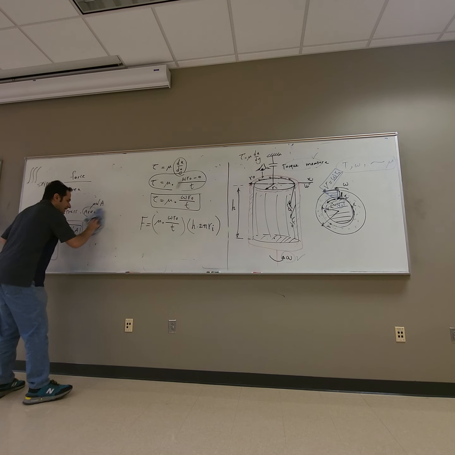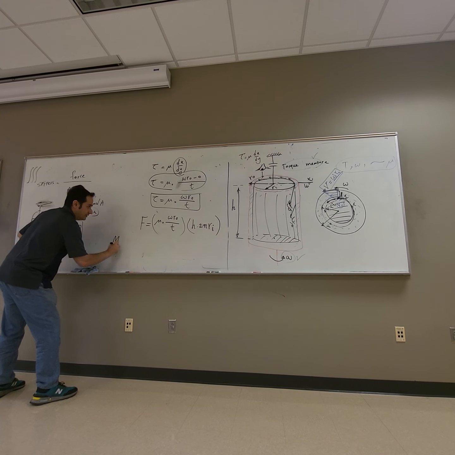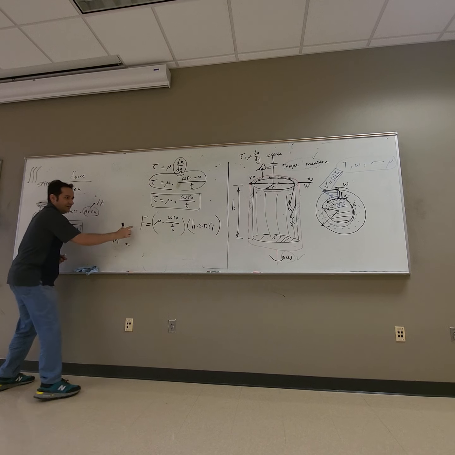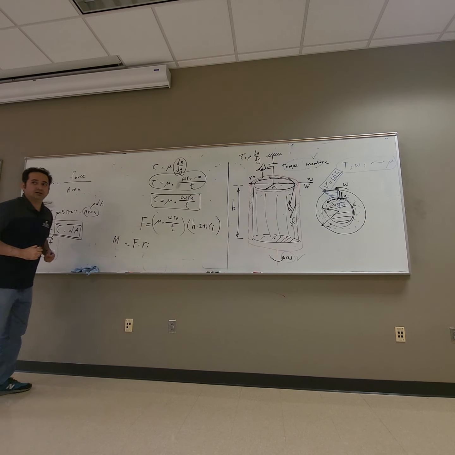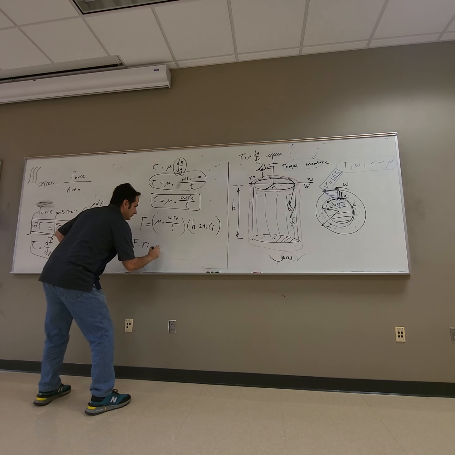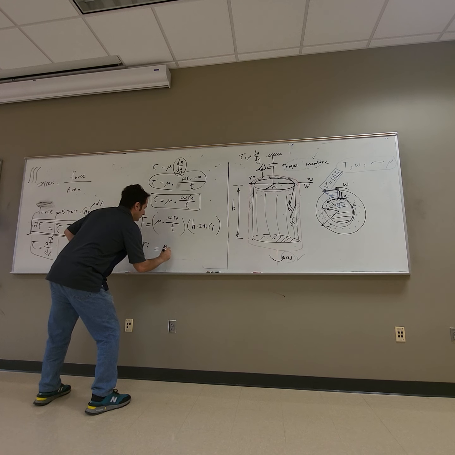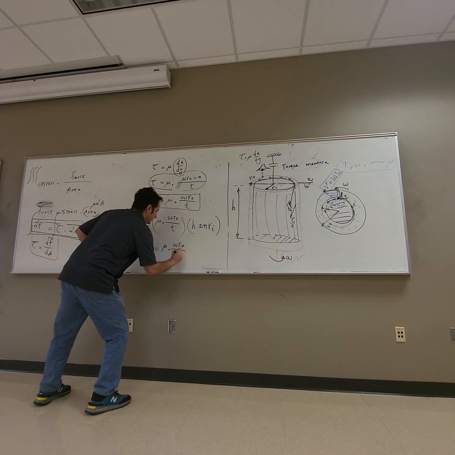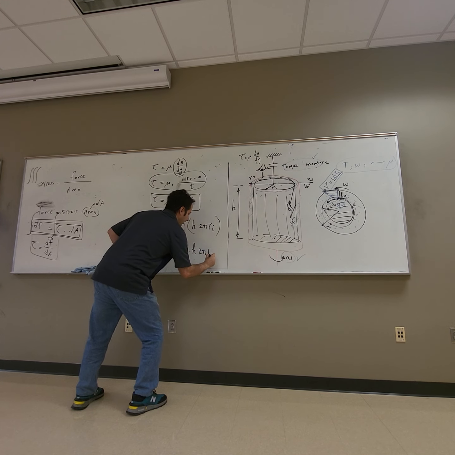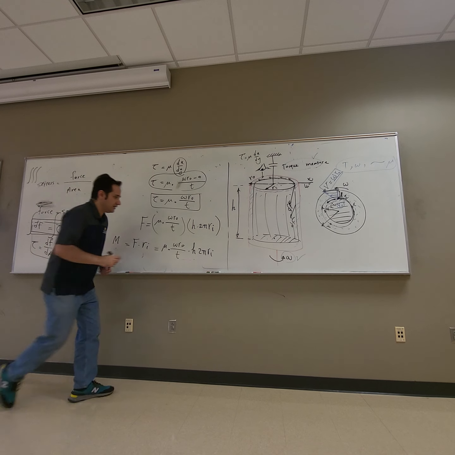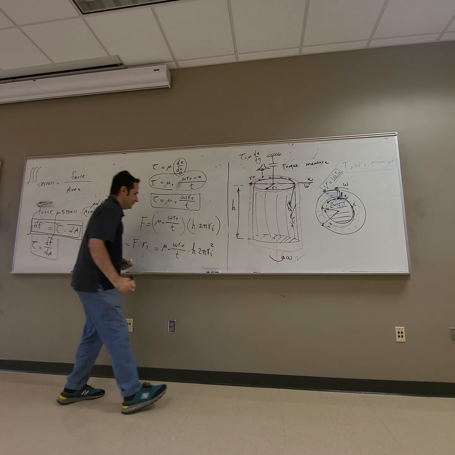required to keep the inner cylinder at a constant position. M is equal to this F multiplied by Ri, which is equal to mu 0 omega Ro divided by T times H 2 pi Ri, and if you multiply that by Ri, you get Ri squared.